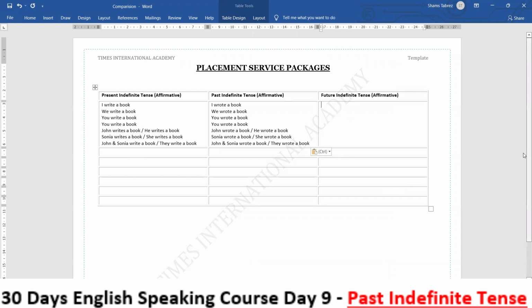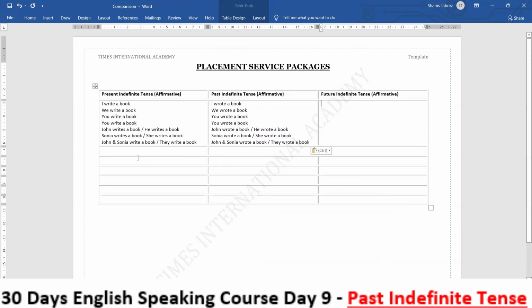After this, I will add negative. Similarly in future we will add later.